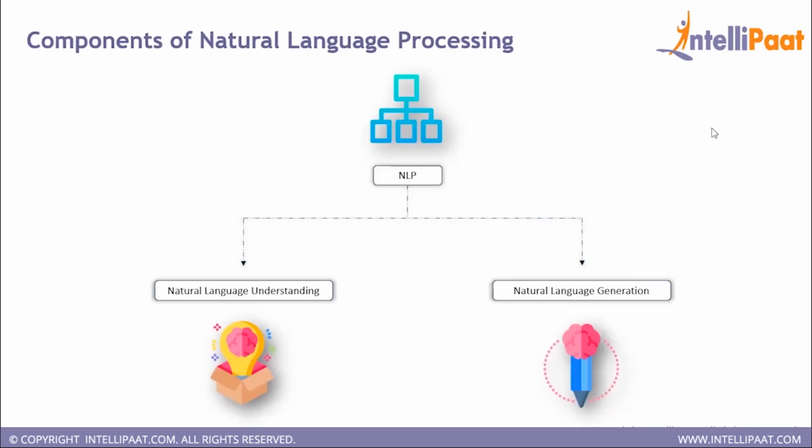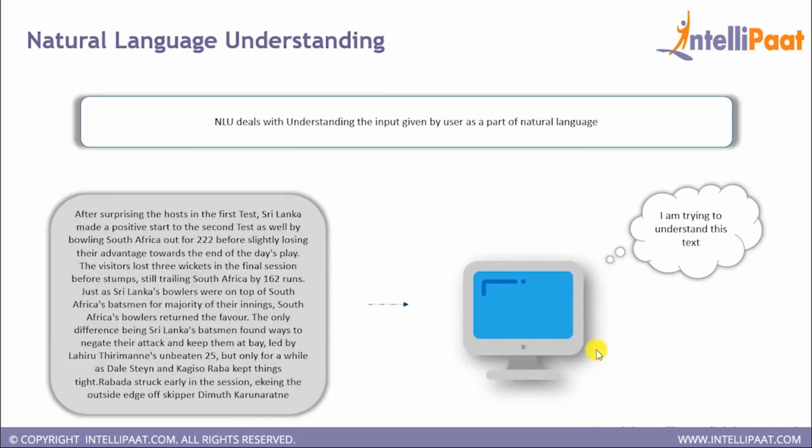Now let's go ahead and look at the components of NLP. So NLP can be basically divided into natural language understanding and natural language generation. So let's start with natural language understanding. So NLU, as the name states, deals with understanding the input given in the form of sentences in text or speech format.